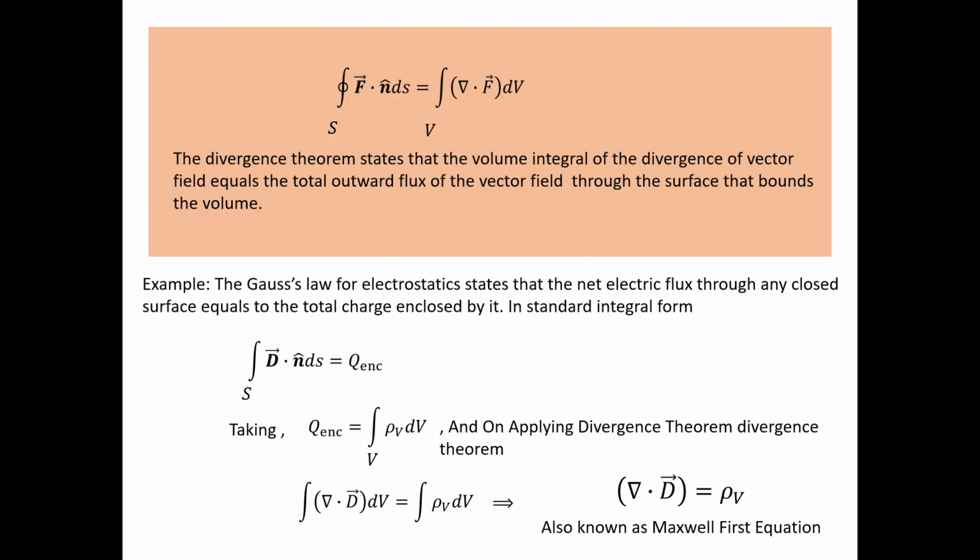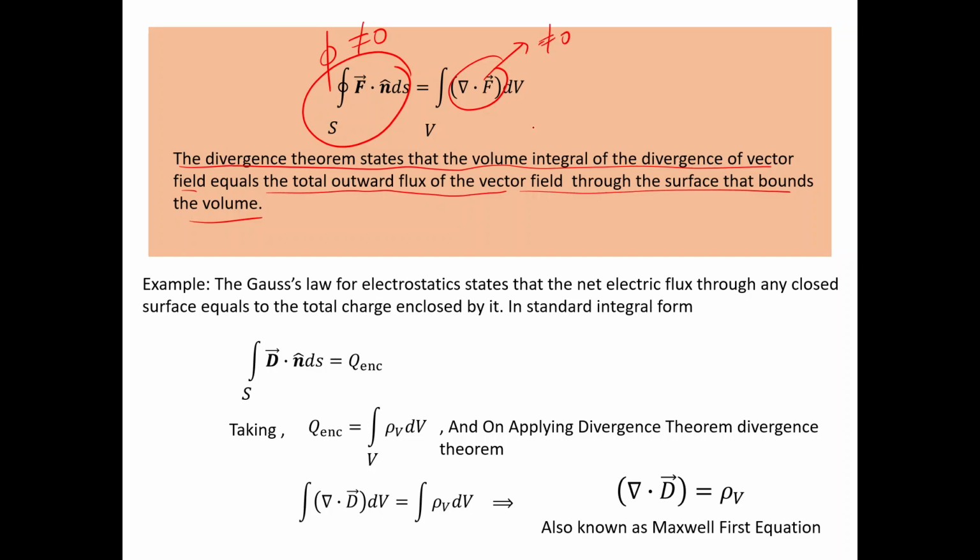We can define it mathematically as well. The divergence theorem states that the volume integral of the divergence of a vector field equals the total outward flux of the vector field through the surface that bounds the volume. Same thing, the total outward flux phi will be non-zero only if the divergence is non-zero.